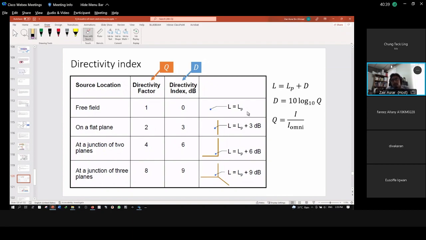Here we have actually 0 dB here, and this is our D for different sound source locations.